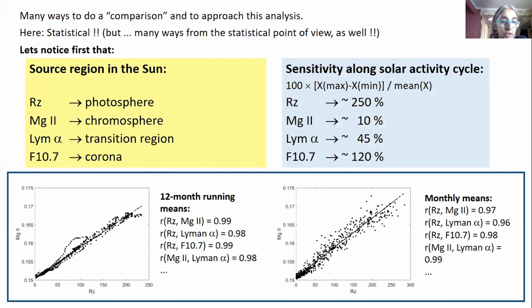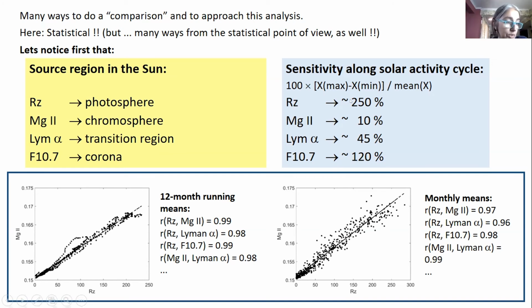To begin, notice that each of the 4 indices we will compare is originating in a different region of the sun. Sunspots occur in the photosphere, magnesium 2 comes from the chromosphere, Lyman alpha in the transition region to the corona, and F10.7 to the corona.